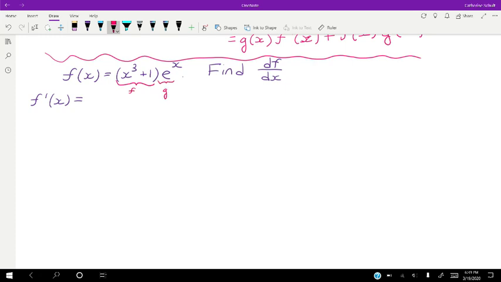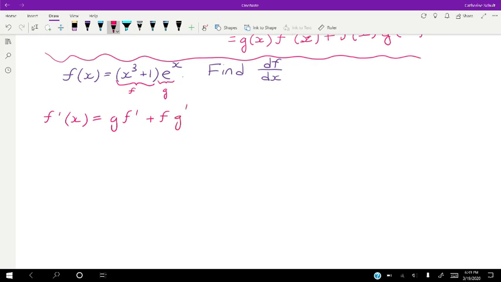All right, and then remember how the formula goes. We can do g times f prime plus f times g prime. Okay, let me write that a little lower. Our formula tells us that we can do g times f prime plus f times g prime, or vice versa.